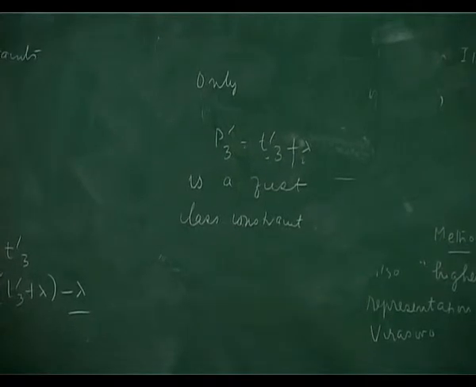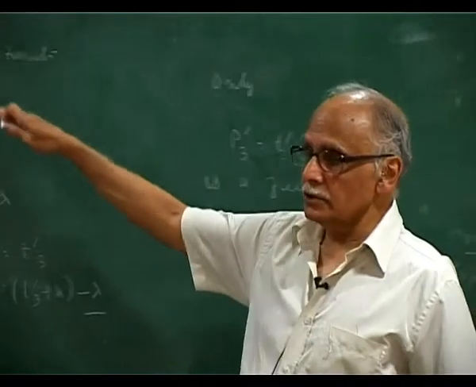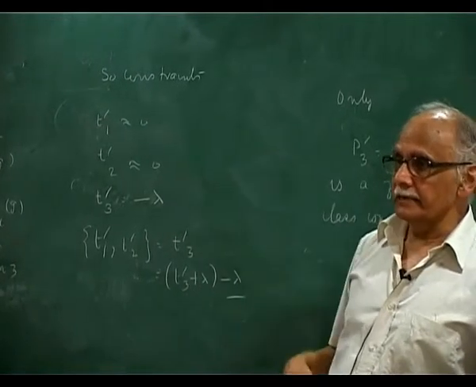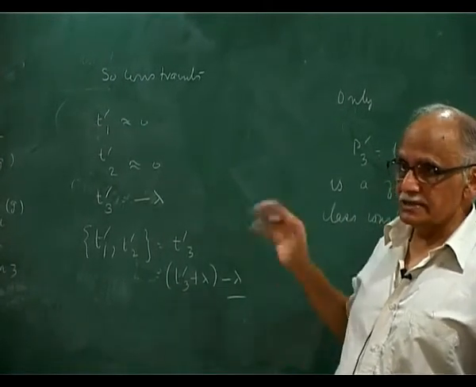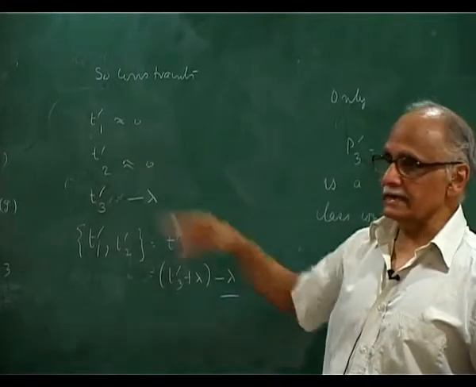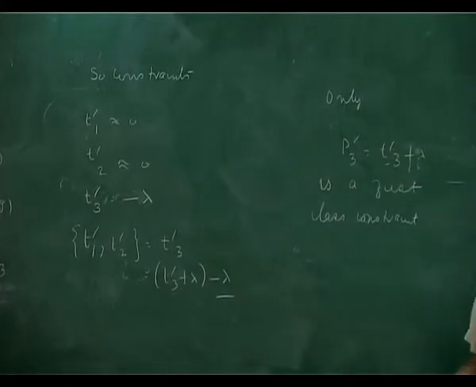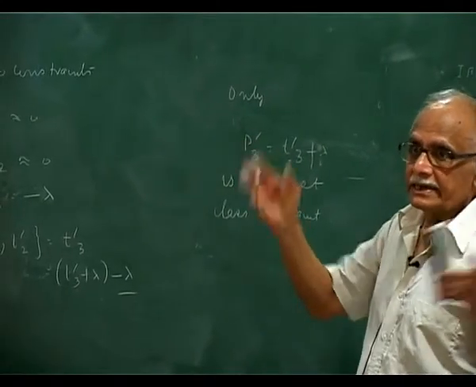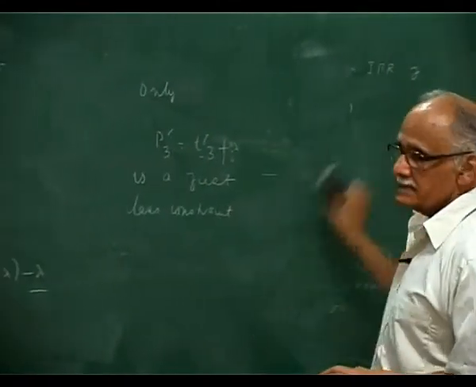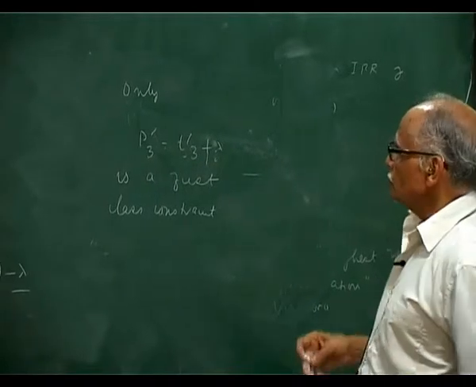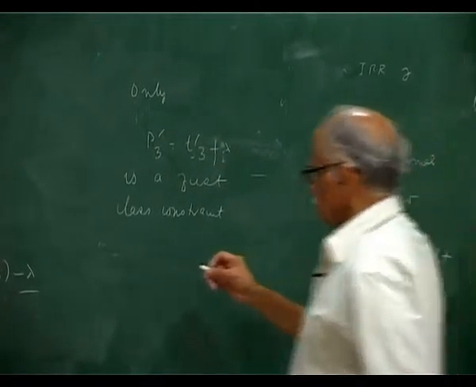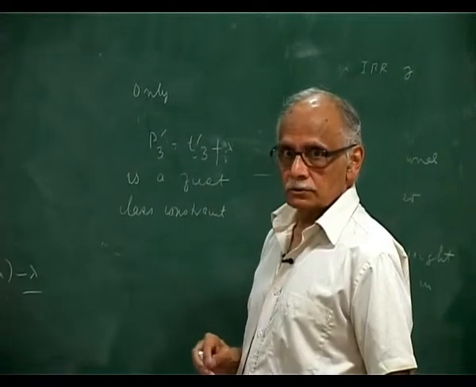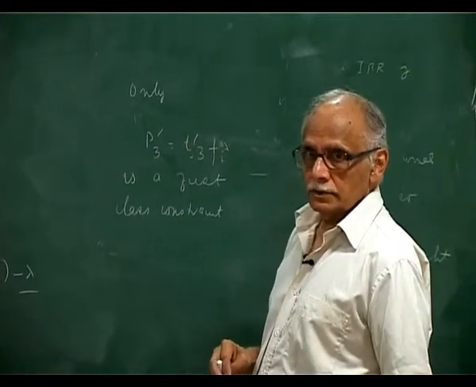Because this is first class, acting on T1 and T2 it commutes with all the constraints. It commutes with itself, but these two are second class. So we can try eliminating them by Dirac brackets, but now comes the trick here. Are these primary, secondary, tertiary, this T1, T2, T3?